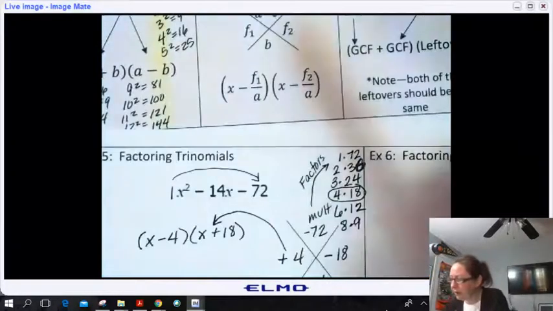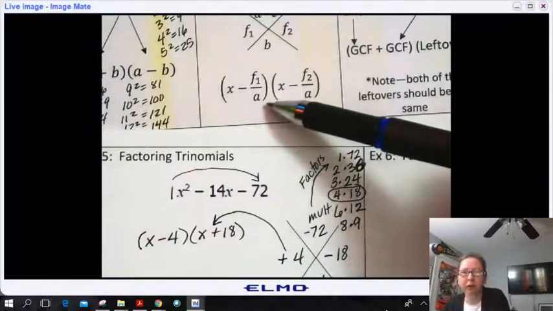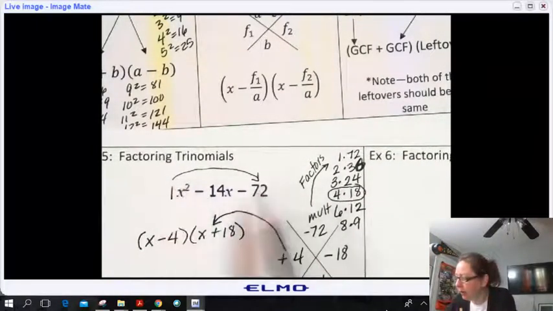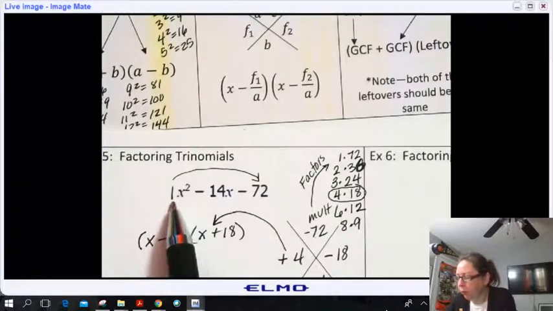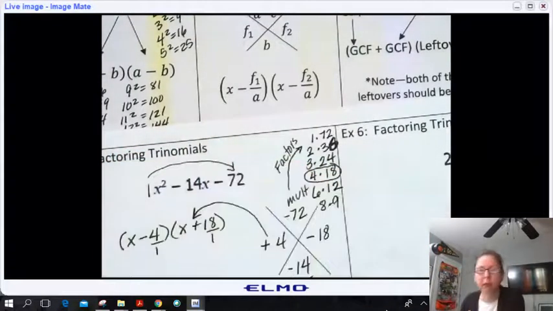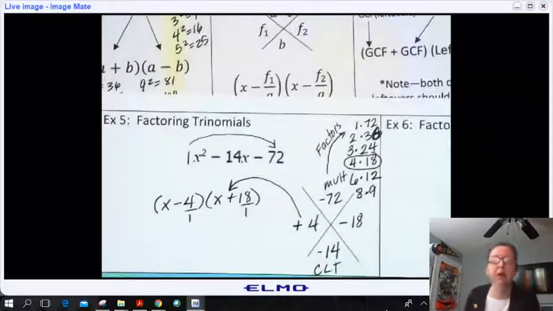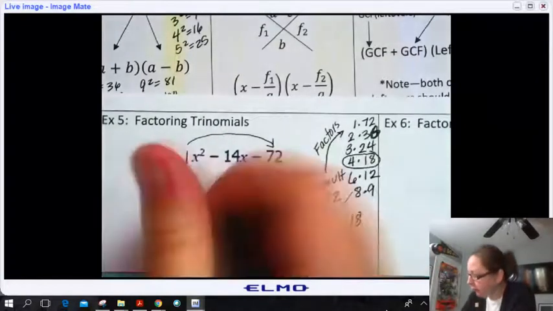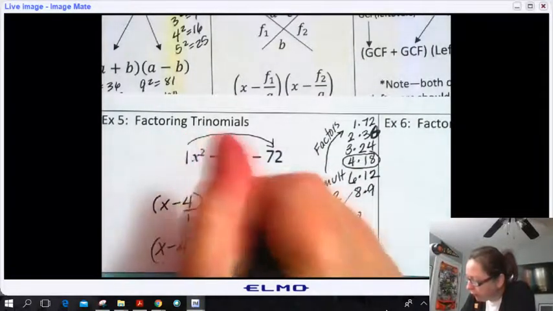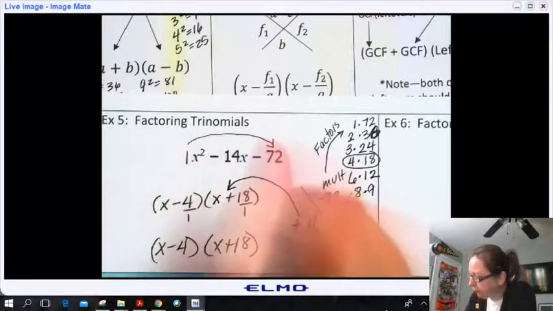And the last step here says that I should divide them by a, since I multiplied by a. Well, a is just equal to 1. So you could show that you're dividing by 1 just to keep your steps systematic. And so my final answer is still just x minus 4, x plus 18.